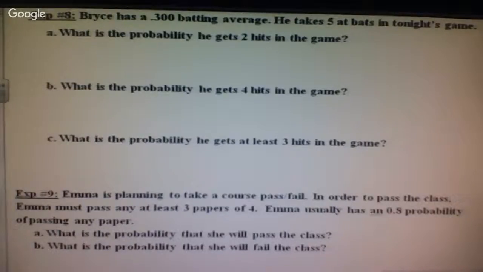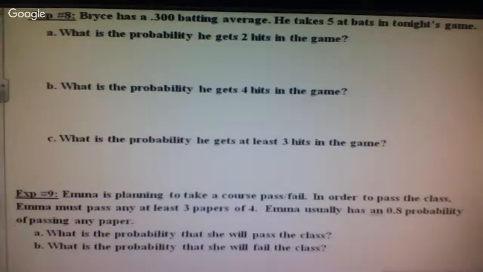With this one, it says Bryce has a 0.3 batting average, which means the probability of him hitting the ball is 0.3, which means the probability of him not hitting the ball then is what? Out of what? 100? 500? Whoa. Probability has to equal 1.